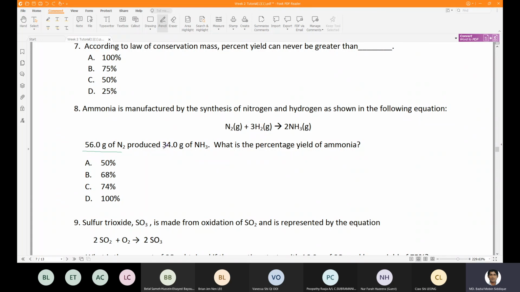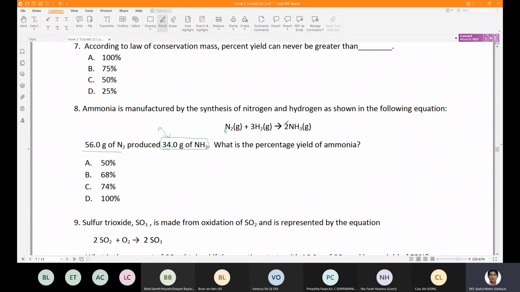The question is, 34 gram of ammonia you already have in your hand, but you added 56 gram of nitrogen, and this nitrogen you did not get free, you have to buy it or produce it. So you are expecting a fair return from it, isn't it? So you are calculating how much ammonia you can get.